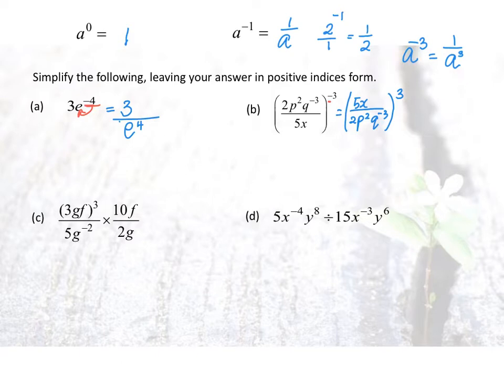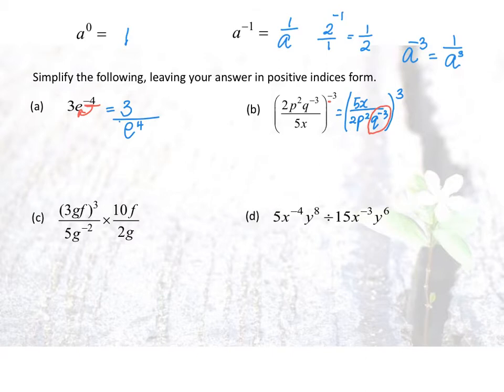Now what do you notice inside this value? I have a q to the power of negative 3 here. So what do I need to do to q? This power negative 3 is only for q, so only q needs to shift.